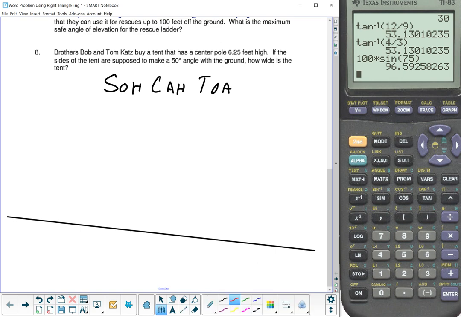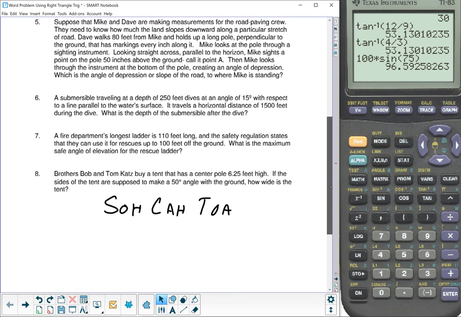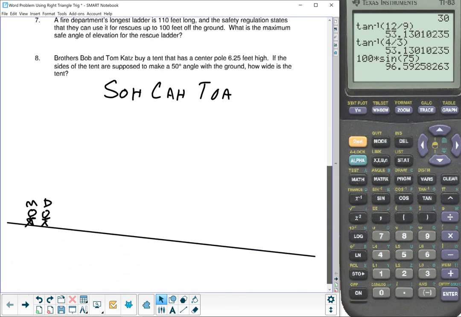Okay, and you got two guys. You got Mike and you got Dave. Dave walks 80 feet from Mike and holds up a long pole perpendicular to the ground.